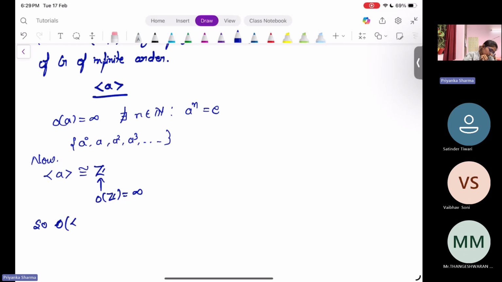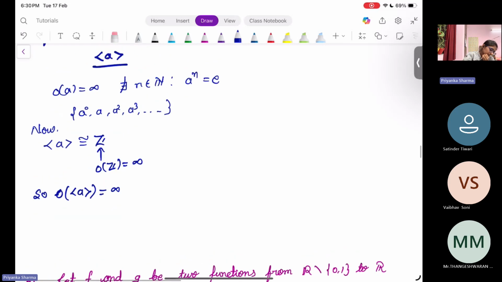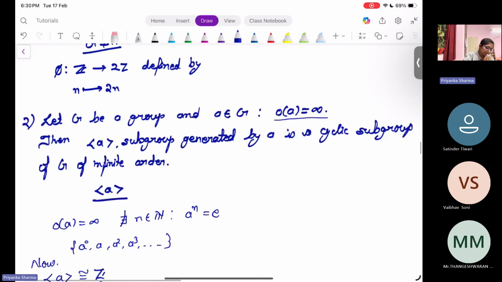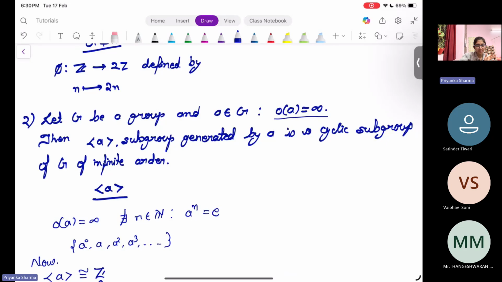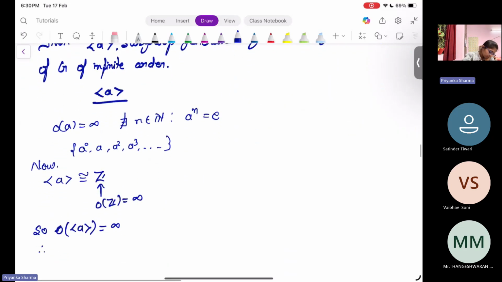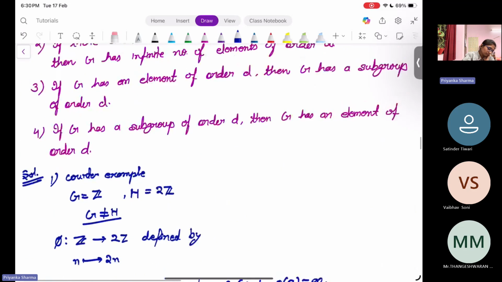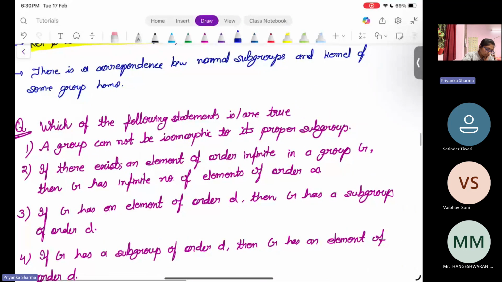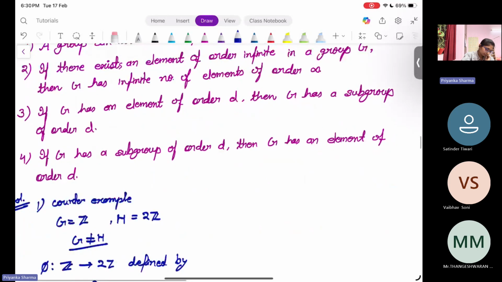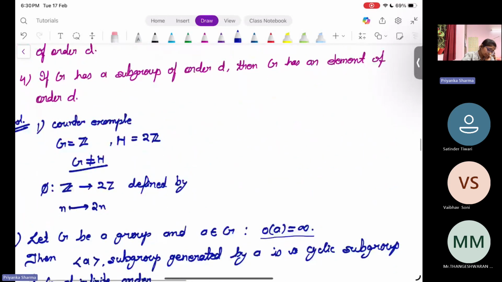So the order of this subgroup is also infinity, but it is a subgroup of G. That is, G has at least as many elements as the subgroup generated by a, so the order of G will be infinity. Whenever you have an element of infinite order in a group, you have infinitely many elements of infinite order in the group. So yes, the second statement is true.